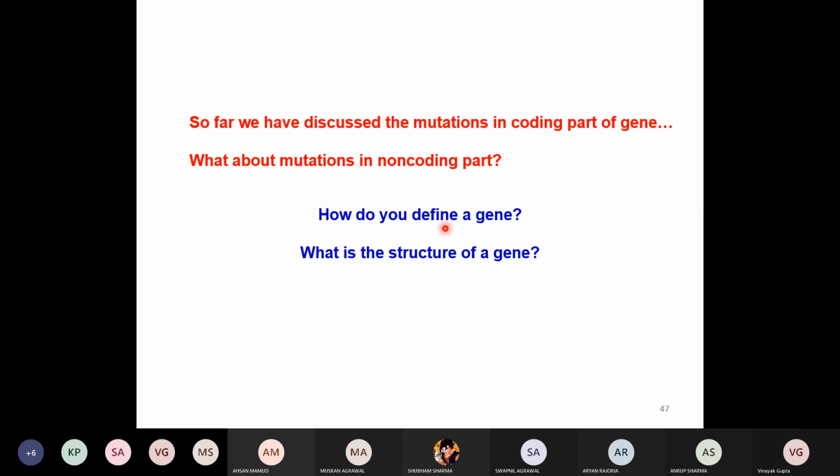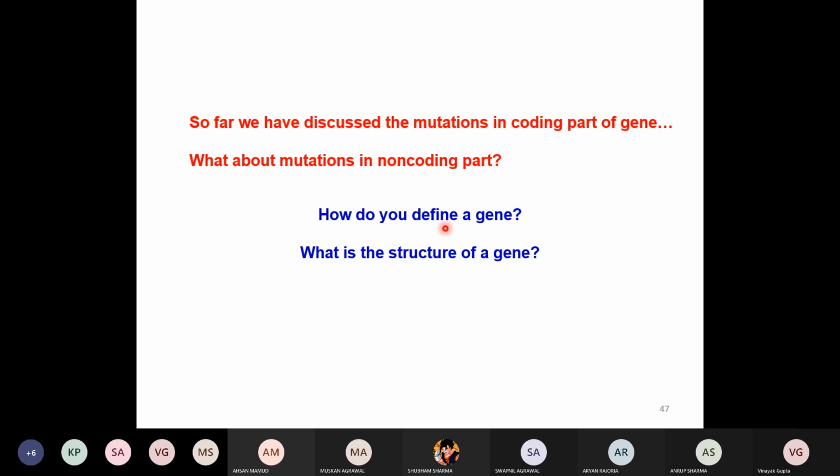Sir, a gene will help in production of a specific protein. Okay. So this definition is quite old. Most of the times, this is the definition which I hear or which is there in the books also. A very old definition of the gene is a segment of DNA that is responsible for a phenotypic trait.